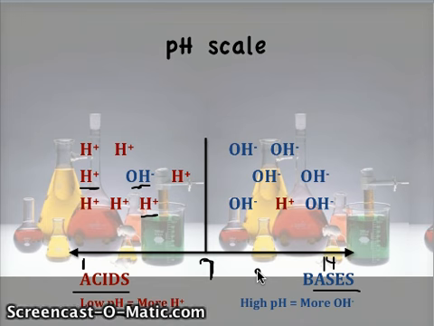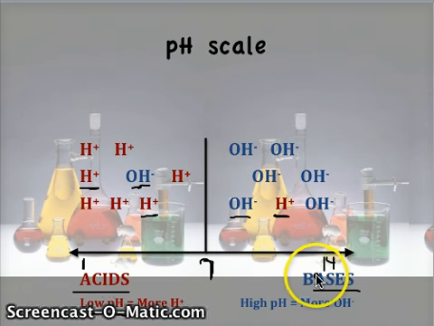Okay. Bases, there's going to be a higher proportion of hydroxide ions to hydrogen ions in a basic solution. So if you have a pH of 14, there's going to be more hydroxide ions than if you had a basic solution of 8. There would still be more hydroxide ions, so there would still be more OH minuses than hydrogen ions.